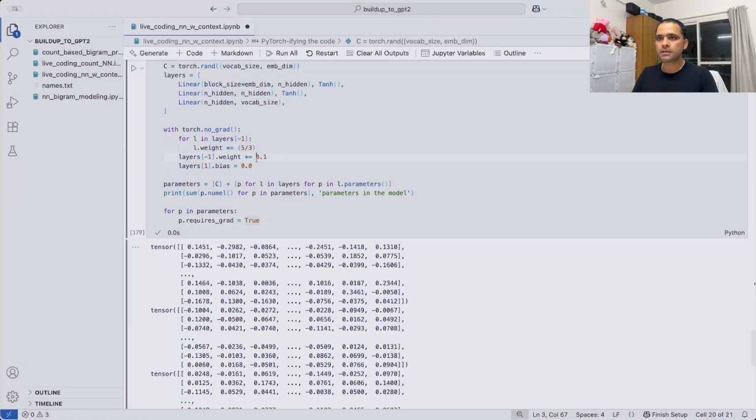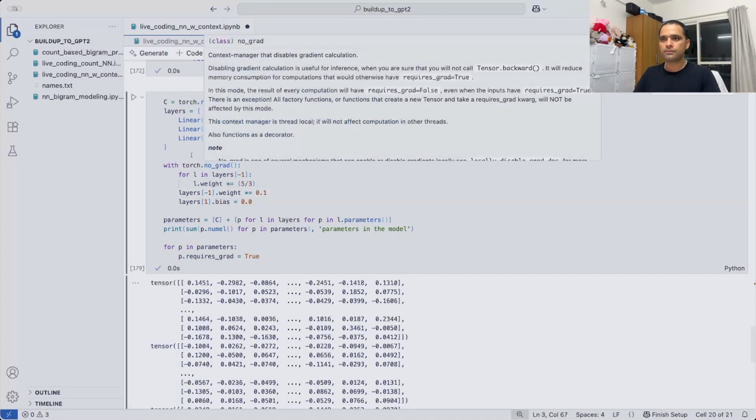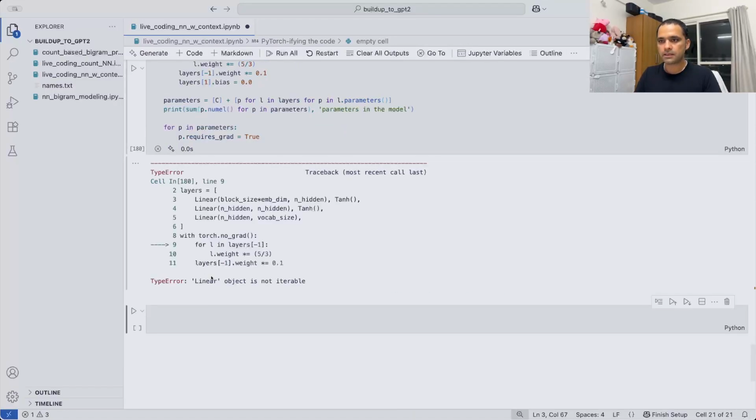Okay, so there was a mistake that was made. If we run this, there would be an error that linear object is not iterable.